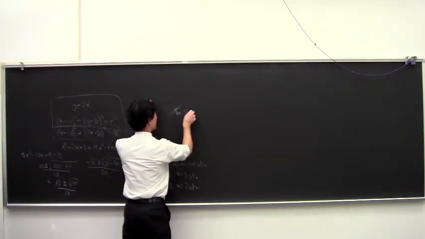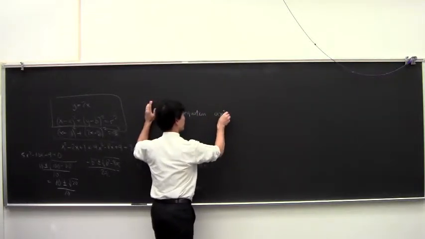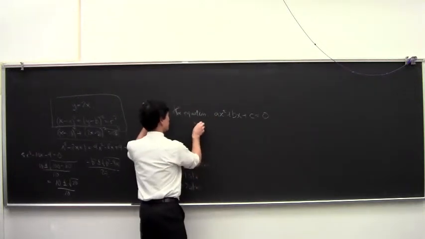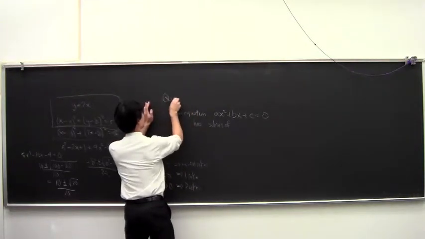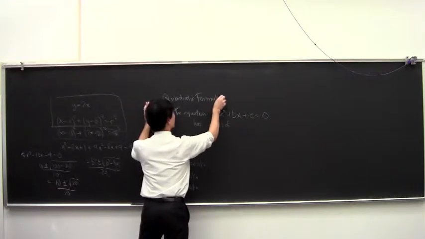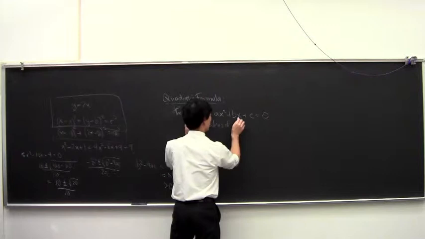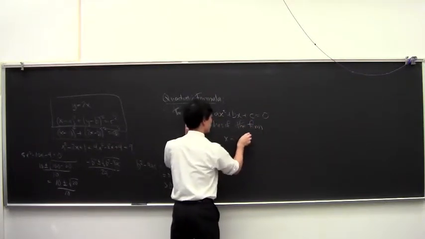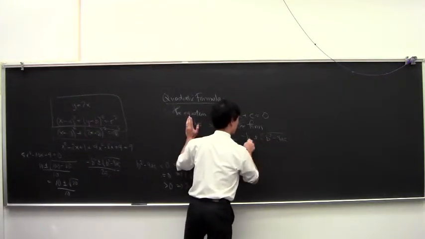The equation ax squared plus bx plus c equals 0 has solutions. So this is the quadratic formula. The equation has solutions of the form x equals negative b plus or minus the square root of b squared minus 4ac, over 2a.